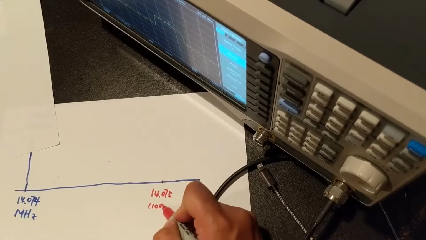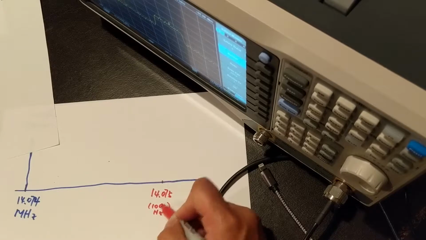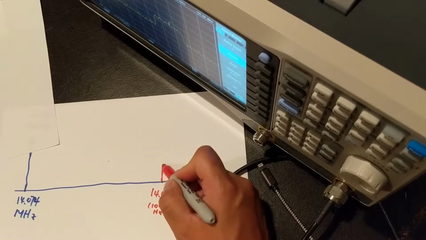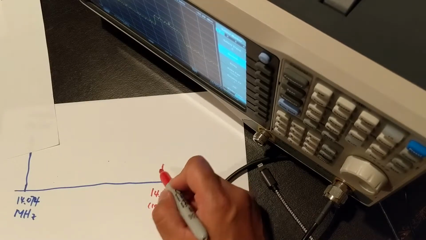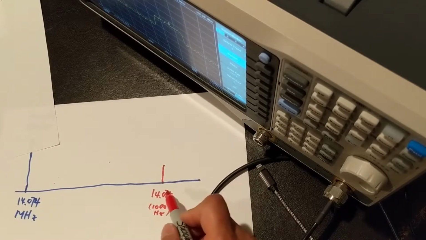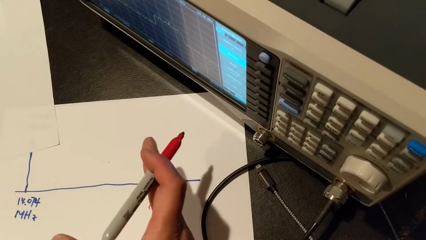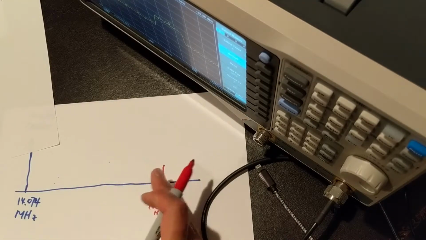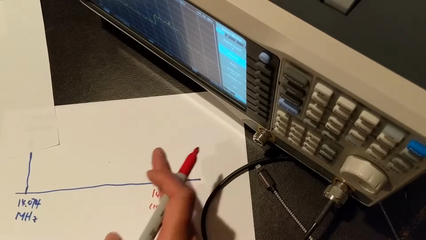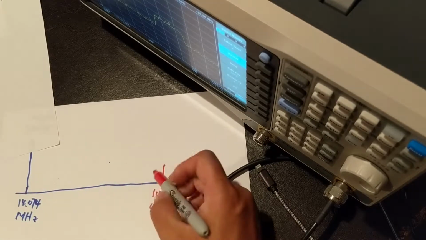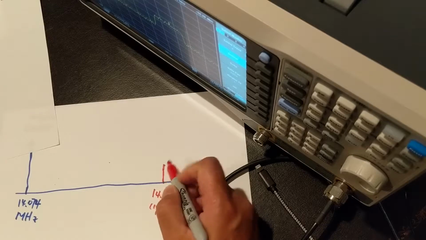This is 1000 hertz. So when I say 1000, it means that my audio tone is shifted 1000 hertz, and this is the center of the audio tone.